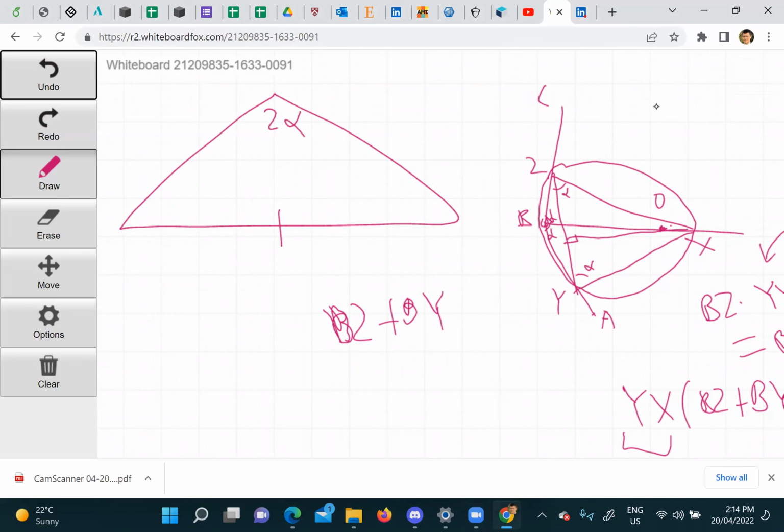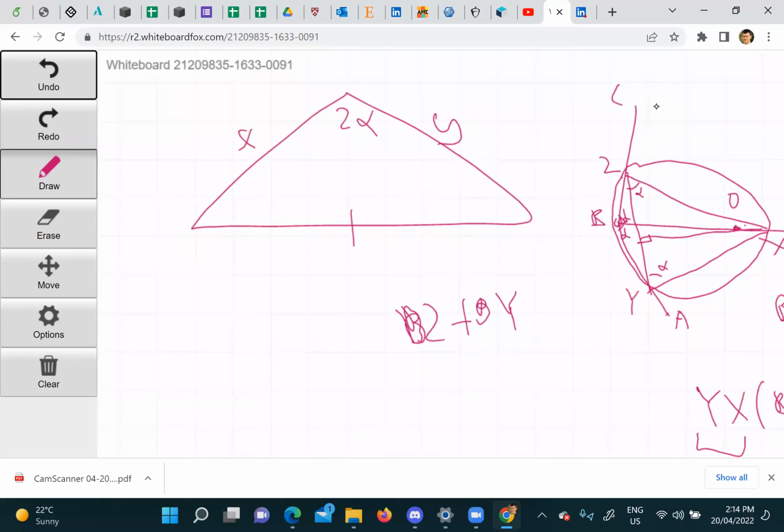And so let's call this length X, length Y. This feels like school math. How do you show that X plus Y is maximal when X equals Y? Anyone know? So we have a triangle with a fixed angle and fixed side, and we're trying to show X plus Y is maximal when X equals Y.